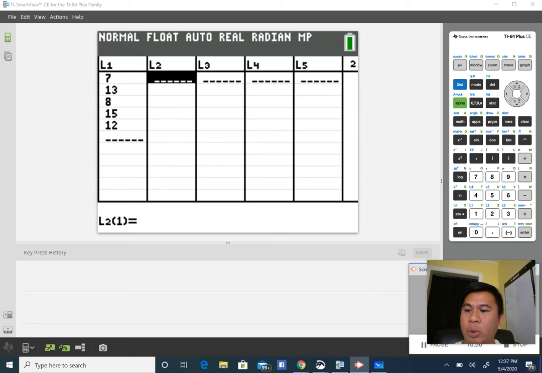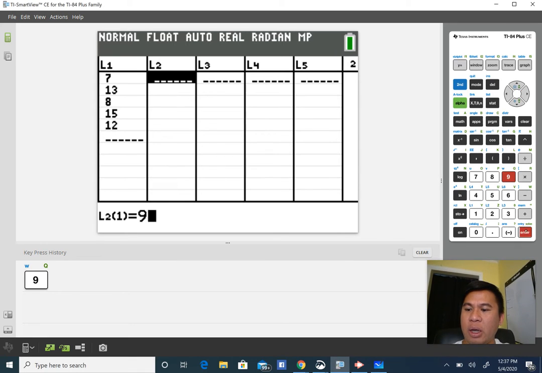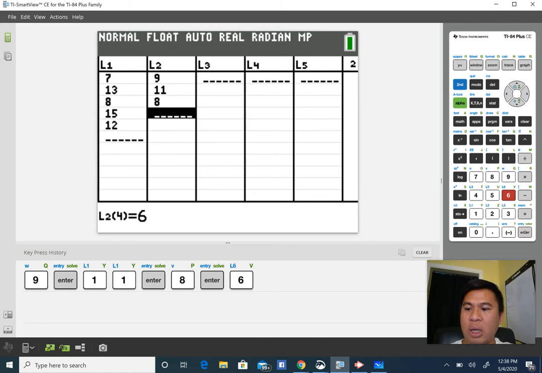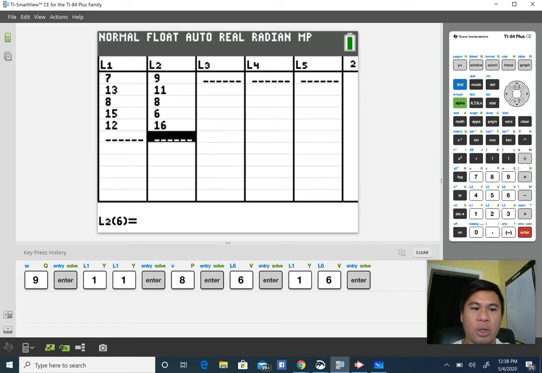Under L2, I'll put the following: 9, enter, 11, enter, 8, enter, 6, enter, 16, enter. So we now have put in the values for the turkey and the ham sandwiches respectively.